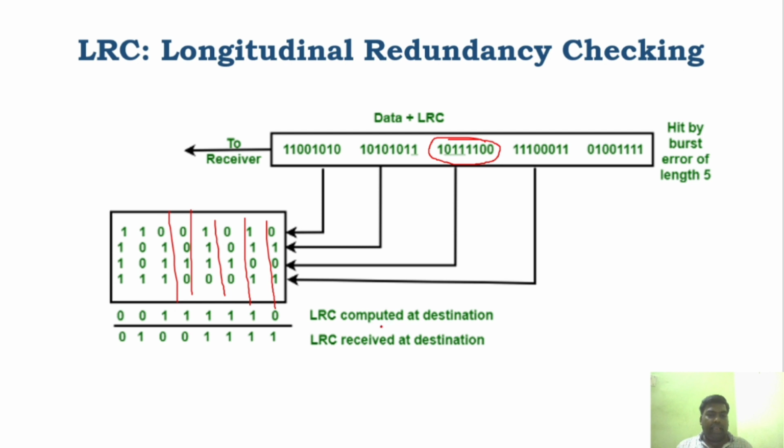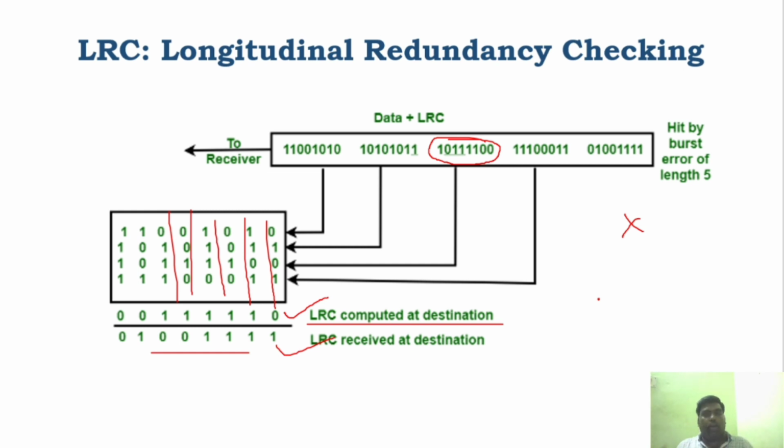You can see here the LRC computed at the destination is different from the received LRC, right? So definitely there are some errors. So it will discard the message and ask you to retransmit that particular message, okay?